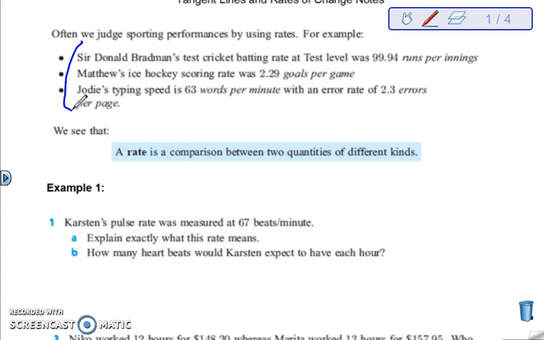Notice the units on rates are always something like errors per page or runs per game, goals per game, runs per test, whatever. It's always something per something. So the most common one that we probably think of is miles per hour, talking about speed. So a lot of these are going to come back to that.